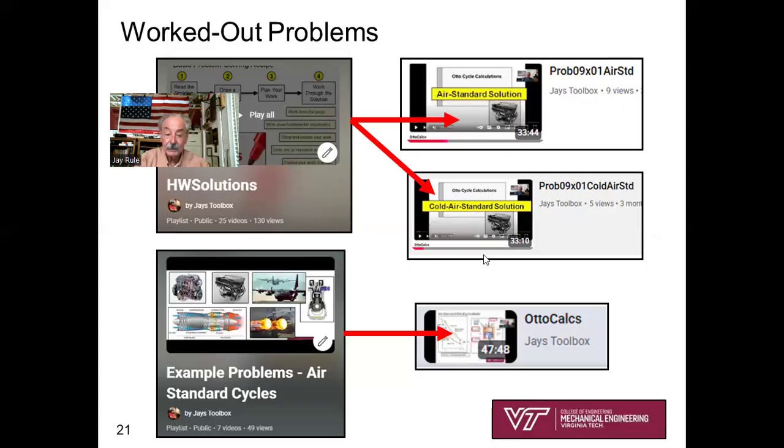And then similarly, if that's not enough for you, if you go to my example problems for air standard cycles, I've got yet another homework problem that I worked out called Otto Calc. So that is a different problem than 9.1, and I may work it out both ways and compare. So I go through the nitty gritty numerical values for that basic analysis.